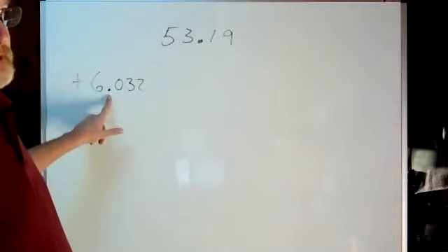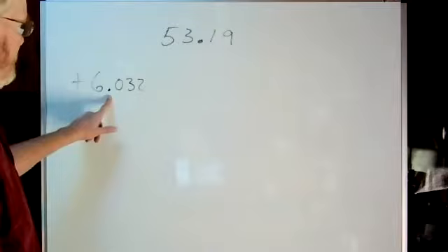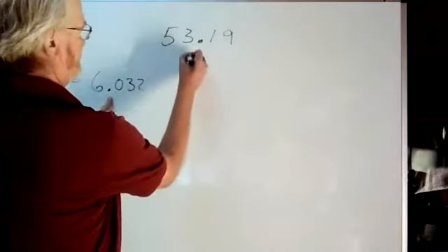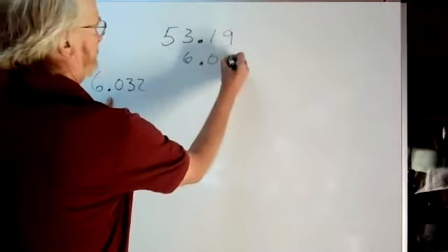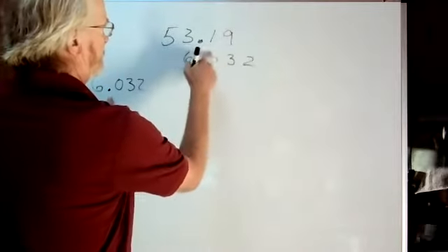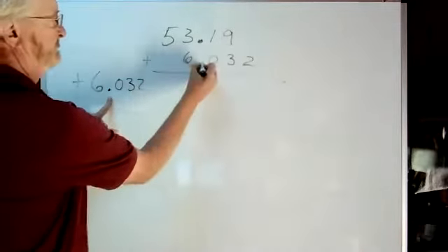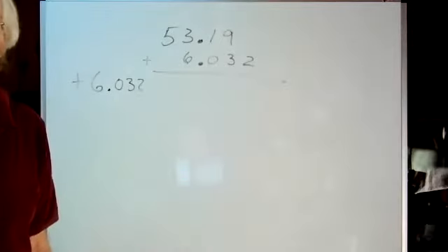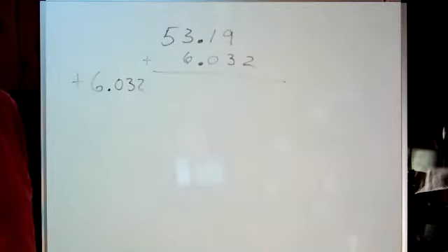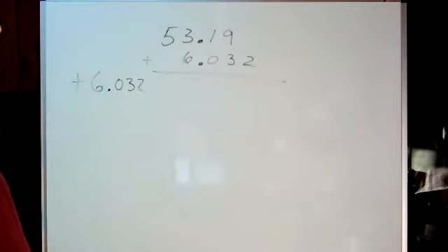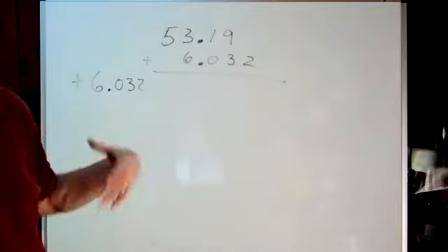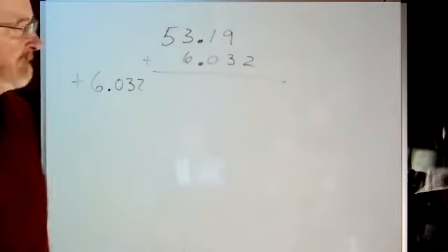So the best way to do that is get the decimal point in the same place. So that means the 6 is here, and there's a 0, and a 3, and a 2. And I made that an addition problem. So if you're adding them by hand, line up the place values, line up the decimal. Now I'm ready to add the columns, just like a regular arithmetic addition problem.